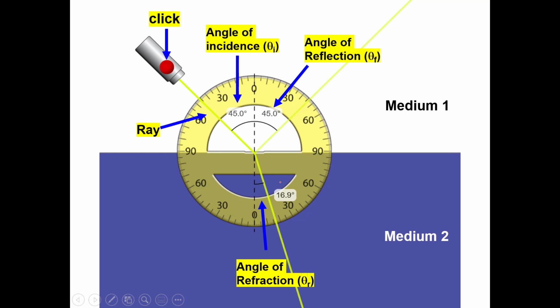It is hard to read the exact value here, but here it is 45, so I want you to record this one. This is just to give you an idea, because we want about 10, 20, 30, 40, 50, 60, 70, 80 degree angles. This gives you a guide to choose the angles, but the values we will record in the table are the values that appear here.